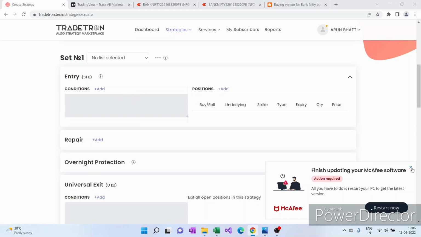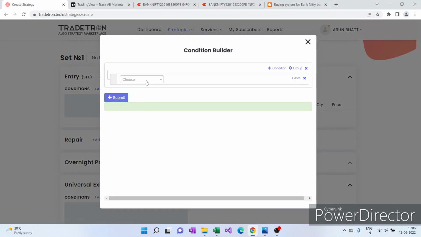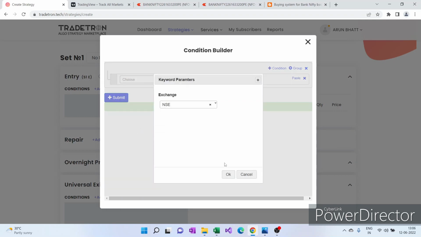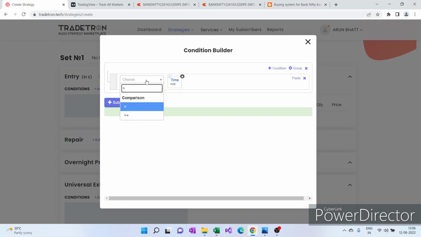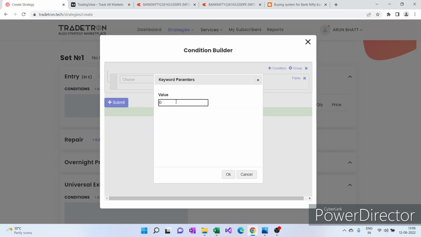So let's start with it. What I'm doing here is taking an entry at 9:30 to capture those options which are trading near 50. So time is greater than or equal to 9:30.